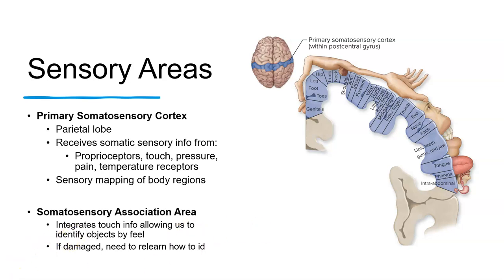Your somatosensory association area associates that incoming information with things that you know, okay? So, for instance, the somatosensory association area allows us to be able to know what we're feeling without looking at it. You put your hand in your pocket, you feel your keys. You know it is your keys.